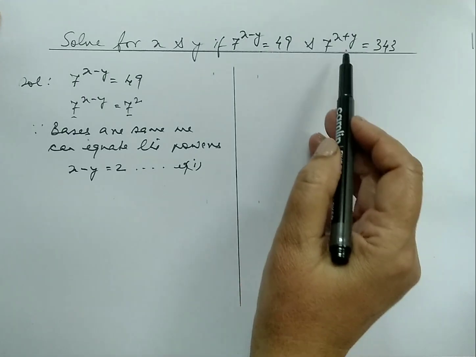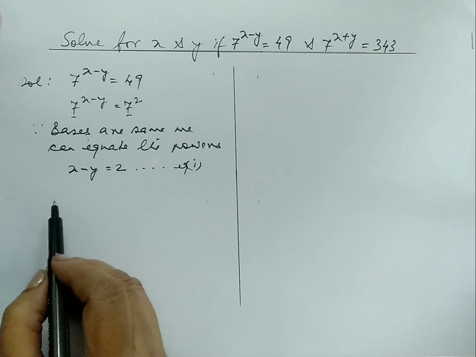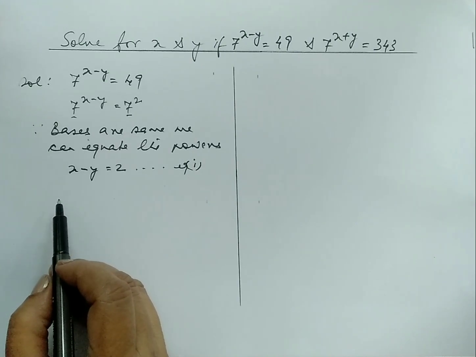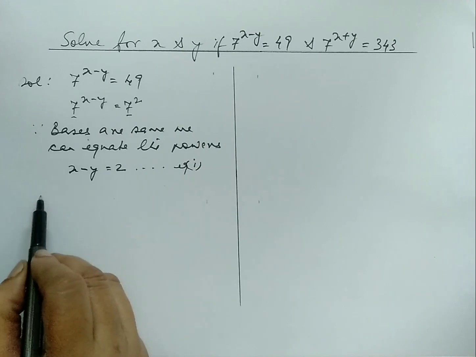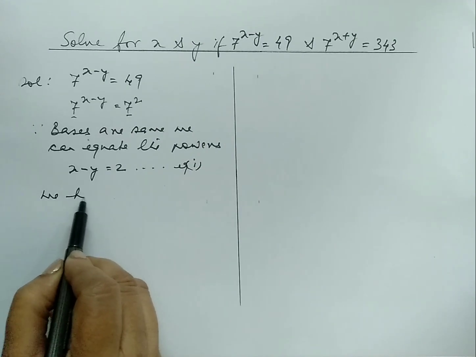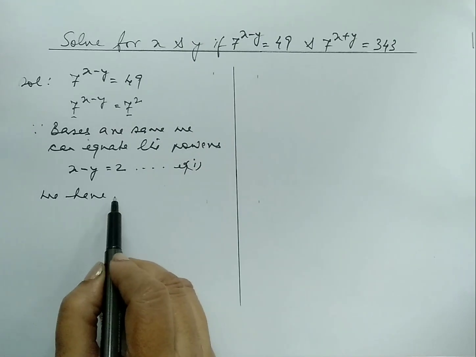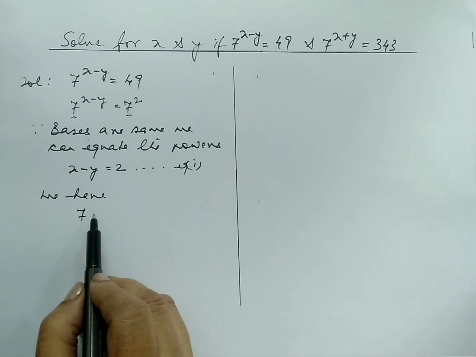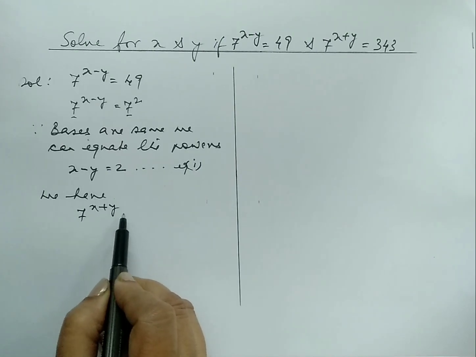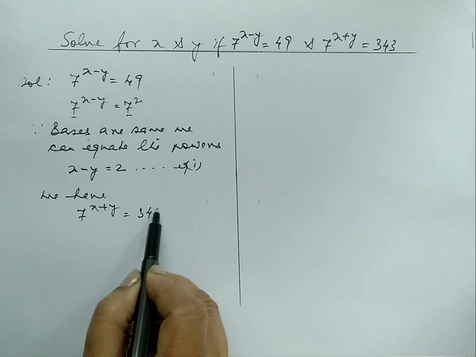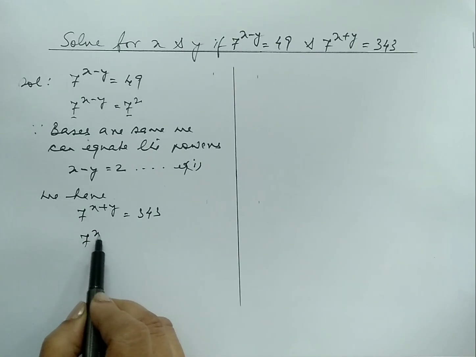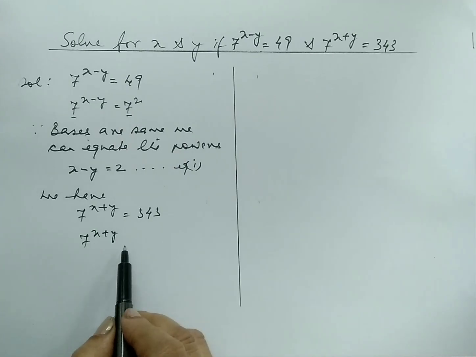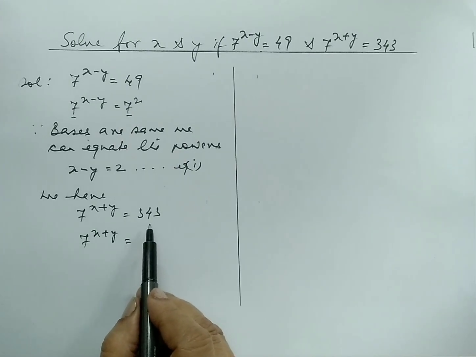In the same manner, we bring this down and treat it the same. So we have 7 to the power x plus y equals 343. Now we know that 7 to the power x plus y equals 7 cube.